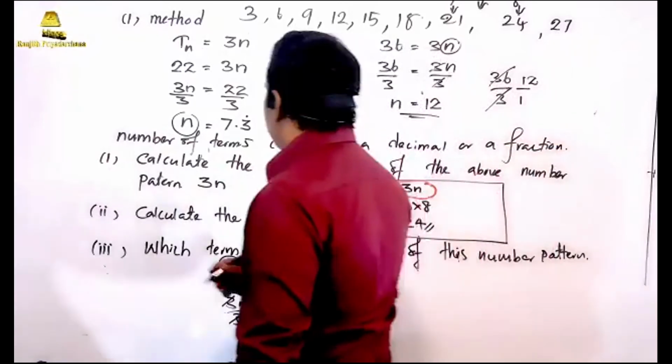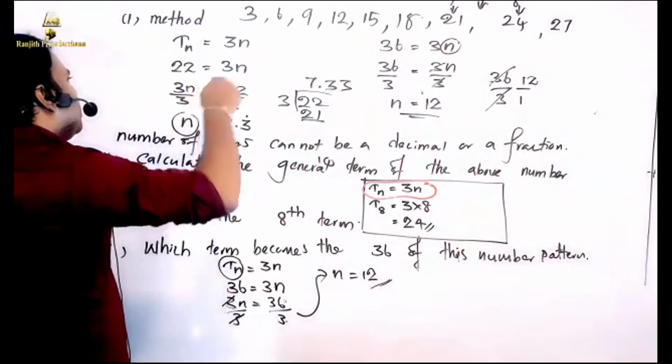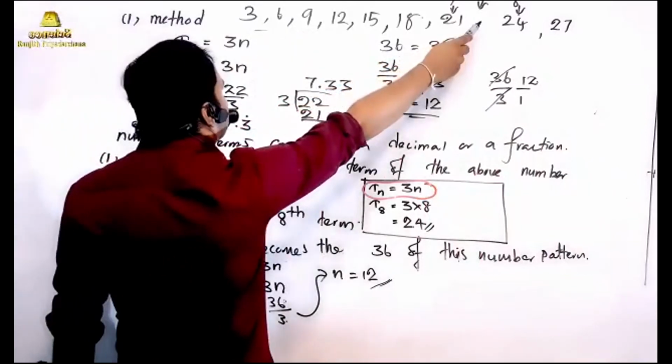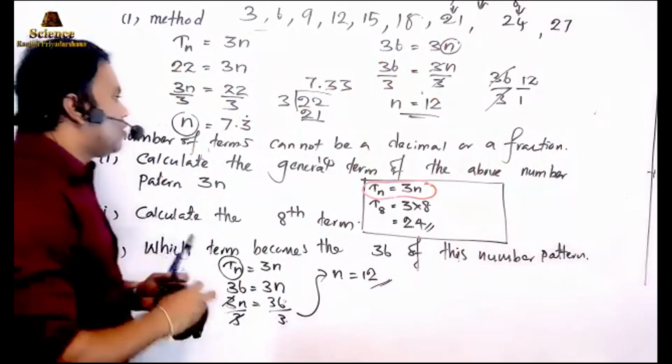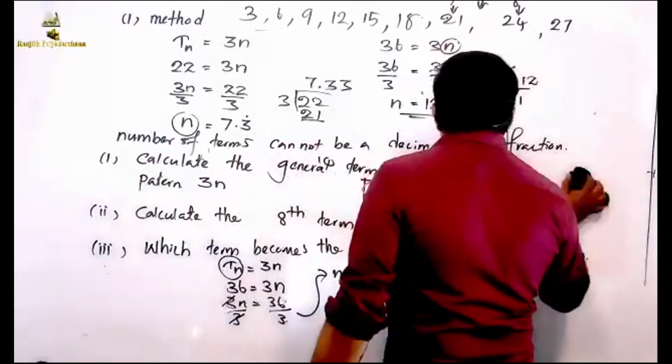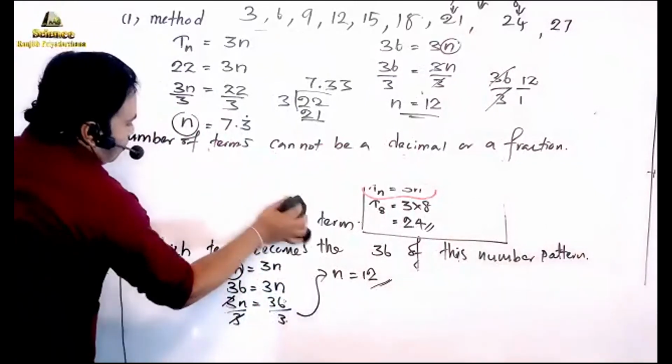It cannot be like that. Therefore, 22 is not a term of our pattern.